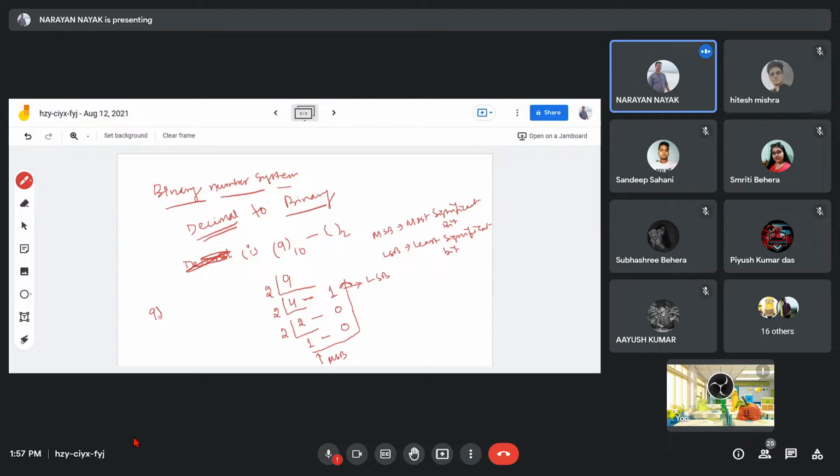For decimal 9, the answer is 1, 0, 0, 1, and it is binary. Understood? Got it? So where does it stop? When it is not divisible any further, there it will stop, meaning you get 1, or sometimes you may get 0. Clear? So this is one example.